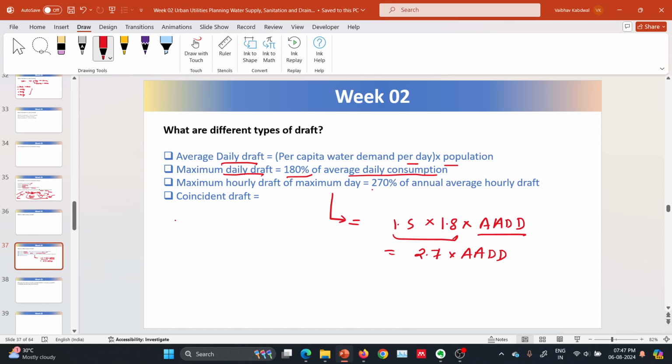Coincidental draft is, see, if we see the worst scenario, in the worst scenario means maximum, we are talking about, let's say, 25th July. This is the hottest example. I'm taking the example.